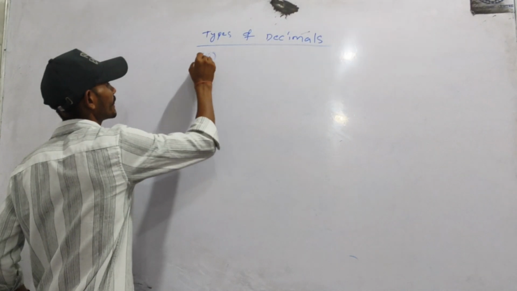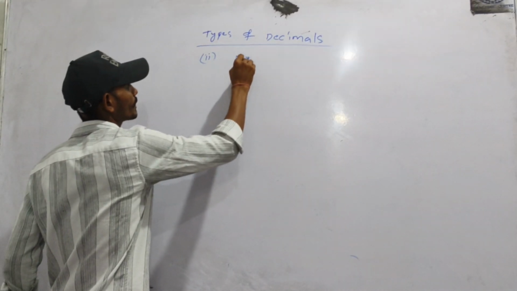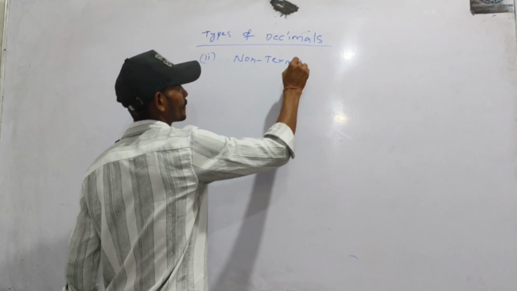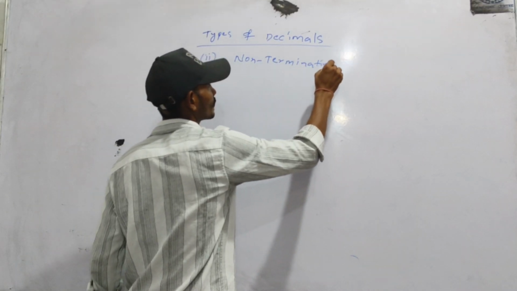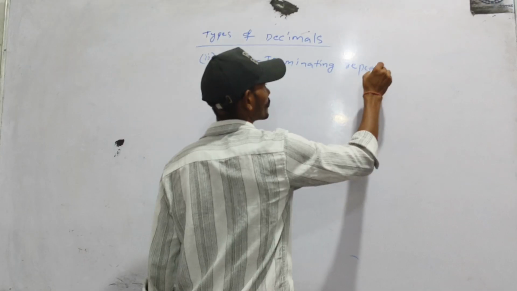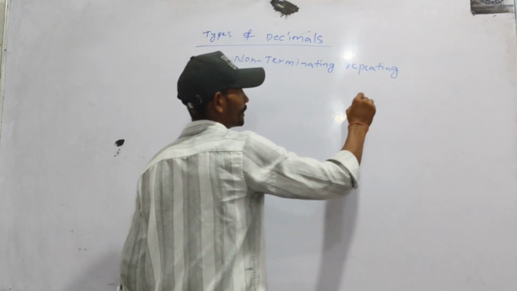Next, the second type is non-terminating repeating terms.